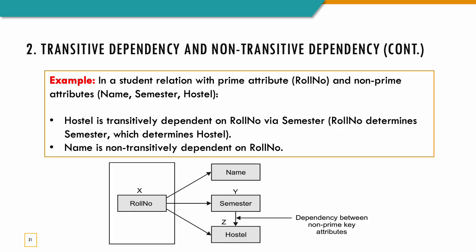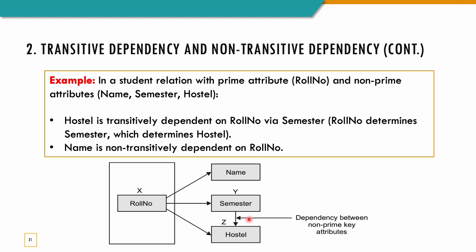So here in these examples, we have roll numbers, semesters, name, and hostels. Roll number is a prime attribute, so it's a key attribute. Meanwhile, semesters and hostels are non-prime attributes, so they are not key attributes.